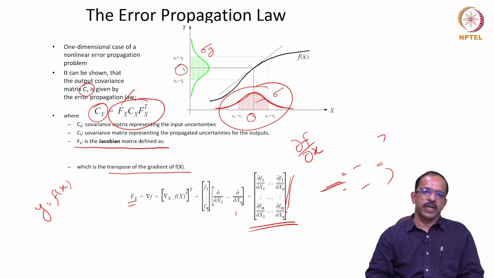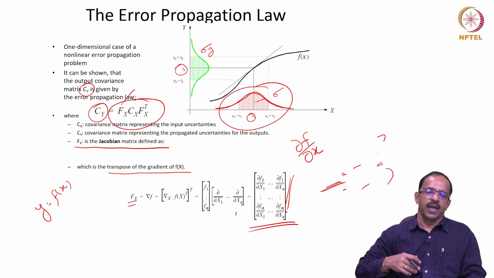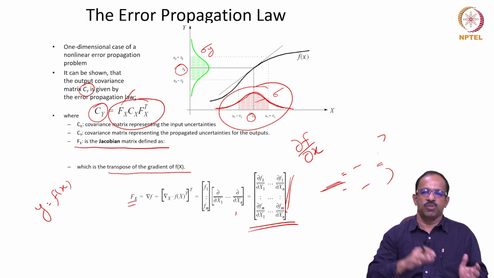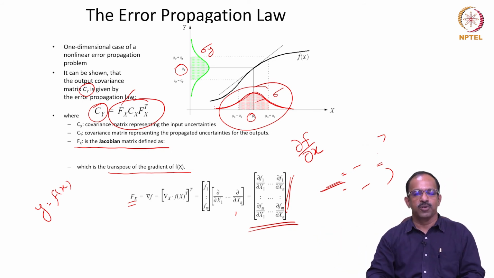This error propagation law is widely used in estimating the position of the robot when we are using sensors to get the parameters. When a sensor is used to get the distance to an object, and then using that distance you are estimating the position of the robot, we need to know how much error will be there in the position when we have some error in the sensed distance. That is basically the requirement in localization of robots.